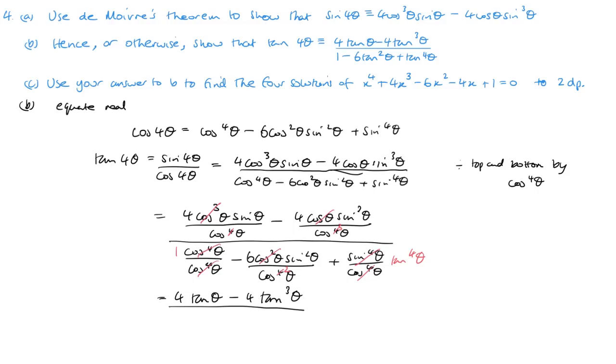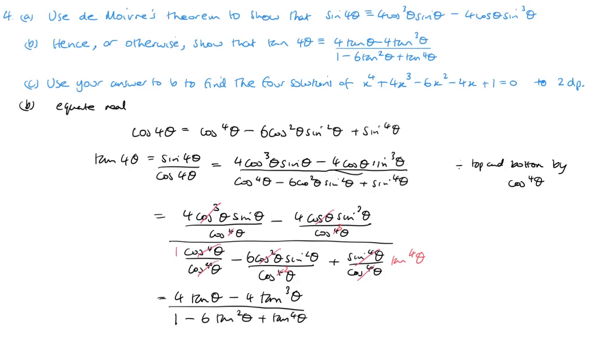And on the bottom we've got 1 minus 6 tan squared theta plus tan to the power 4 theta, which is what we had there. So that now is done. And the way I spotted it was looking at the one that was just a number 1, and that told me what I needed to divide by, and I just went for that.